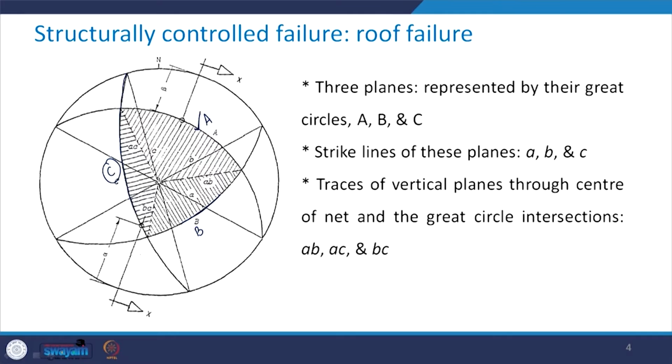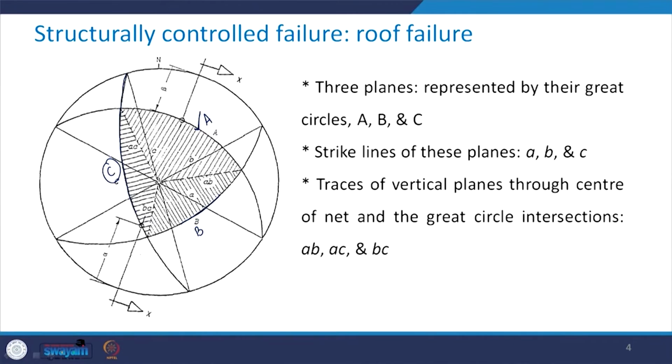Because we know the dip and dip direction of those discontinuity planes, knowing these two quantities, we can have their corresponding great circles in this manner. Now, strike lines of these planes are represented by small letters a, b and c respectively.